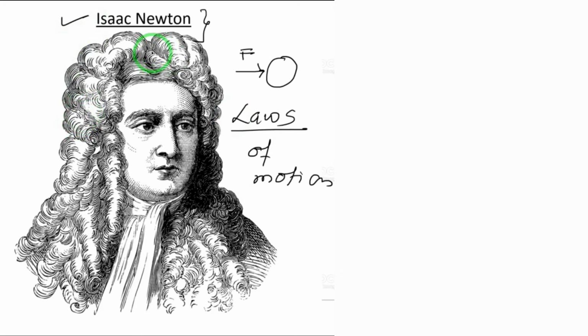What he has done is observe the different types of motion and the reason why and how, and then he started putting it in the form of equations, and they are the laws. So now in this chapter we are going to learn those laws of motion.